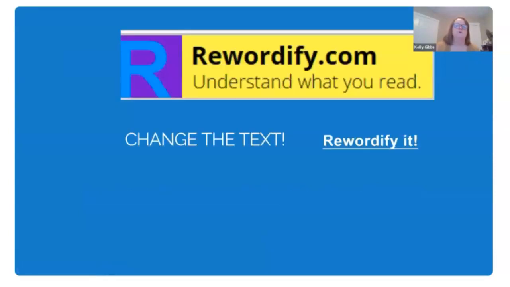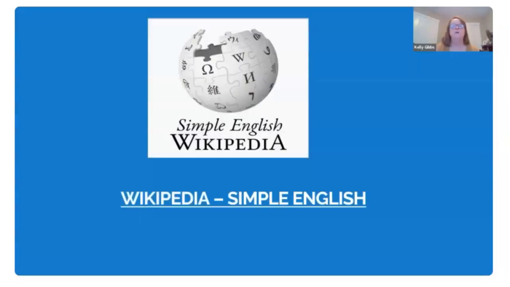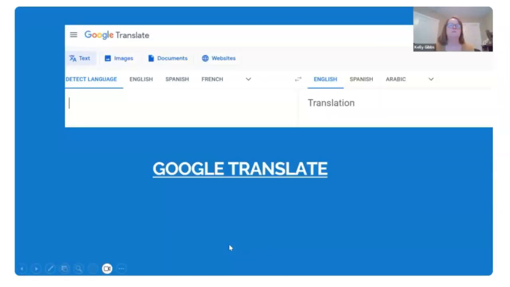And you can go back to lower ages if you want to go back to simple and compound, complex. I've kept in here the Rewordify for vocabulary, simple English in Wikipedia. That's part of getting information for references in research. And Google Translate for your English language learners.